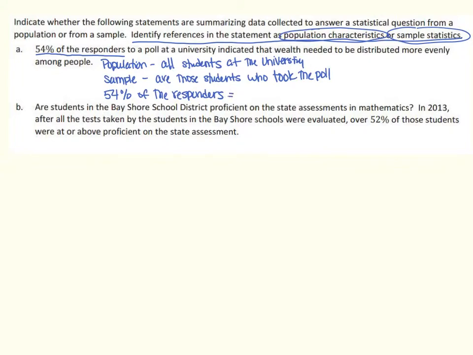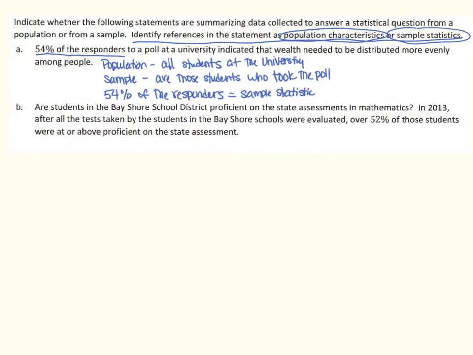Okay, now this is a sample statistic because we said that this scenario, like this situation, was a sample. So the numerical value in the sample is called a sample statistic. All right, we'll get a little bit more practice so you know what I'm talking about.